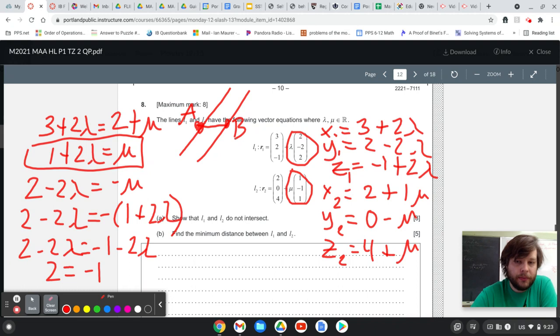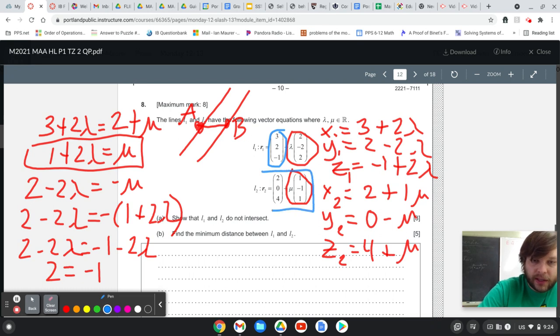So what I'm going to do for part B is choose my base point on the first line as 3, 2, negative 1. I can choose any point because the lines are parallel. So I'm just going to choose that one. And then the distance from that point to the other one and trying to find the vector is using that information right there. So let's write out vector AB.